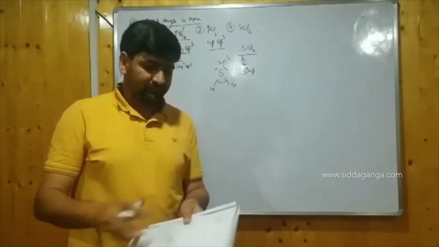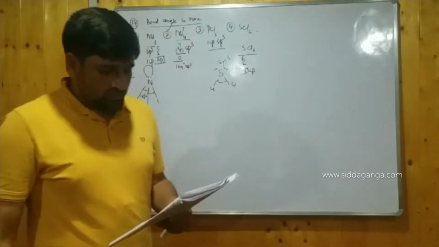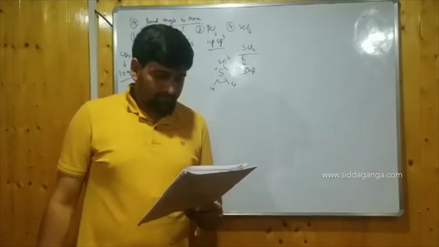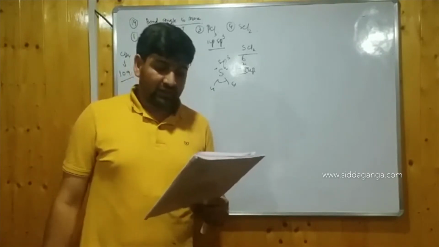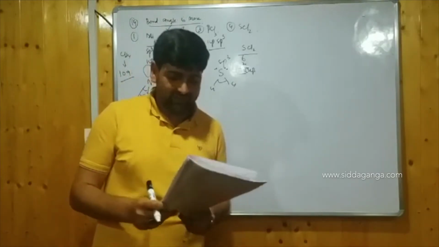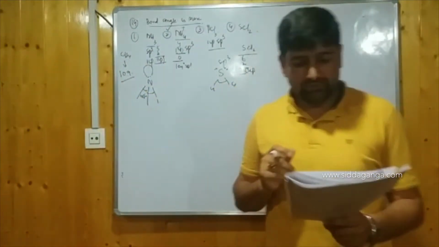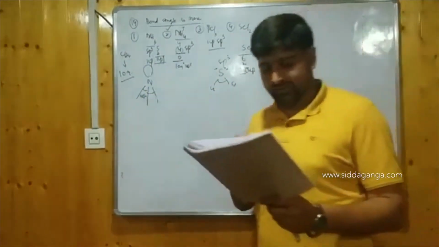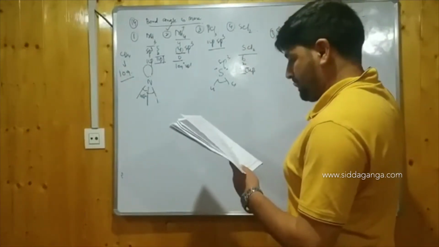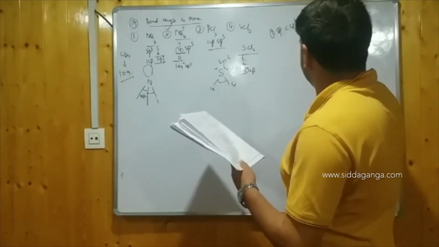Question number 15. The question is: the correct order regarding the electronegativity of hybrid orbitals of carbon is. Option 1, sp less than sp2 less than sp3.